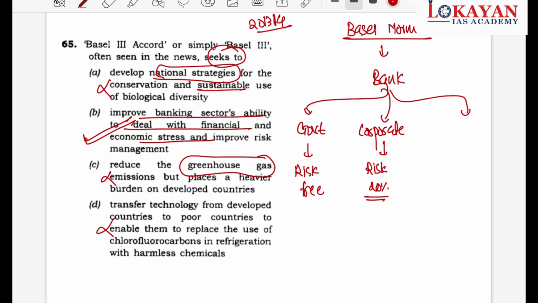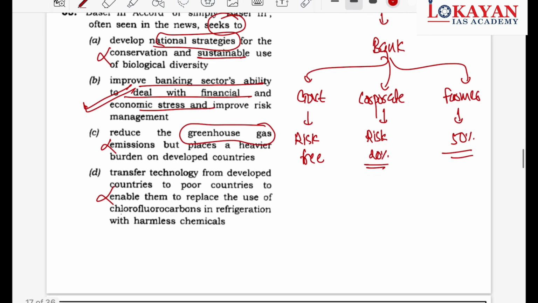Suppose a collateral free loan is given to a farmer; there is more risk, say 50%. Second example: the bank has given a loan of ₹100 and there is a 20% risk.